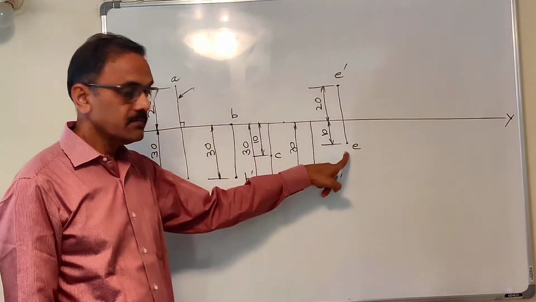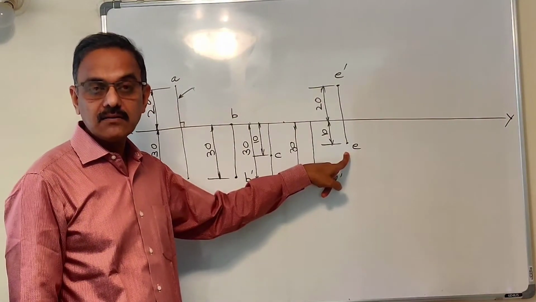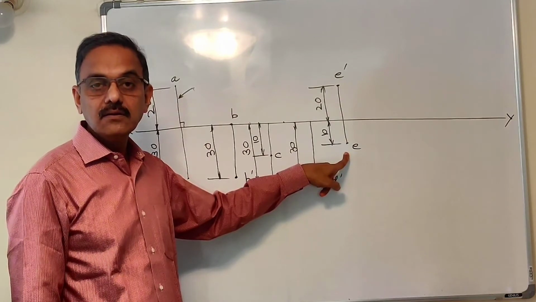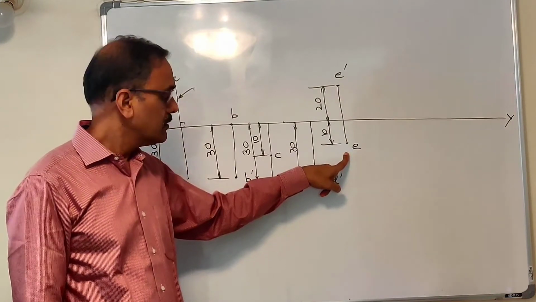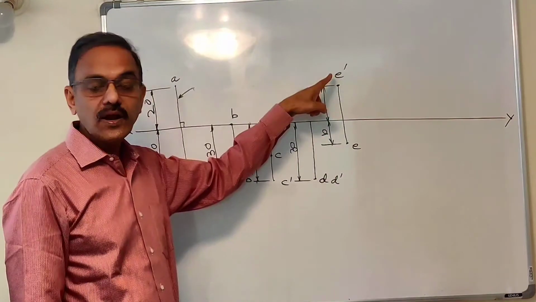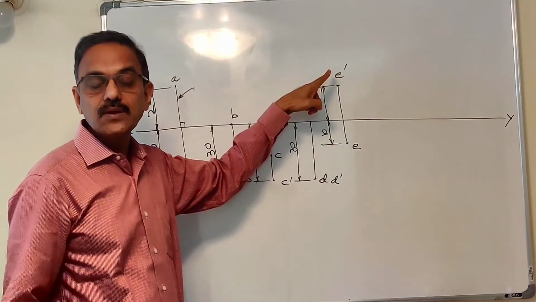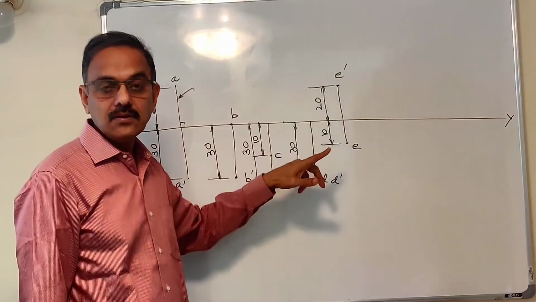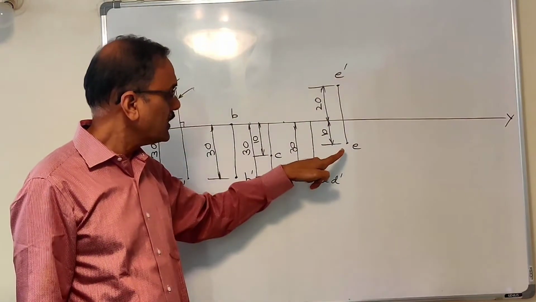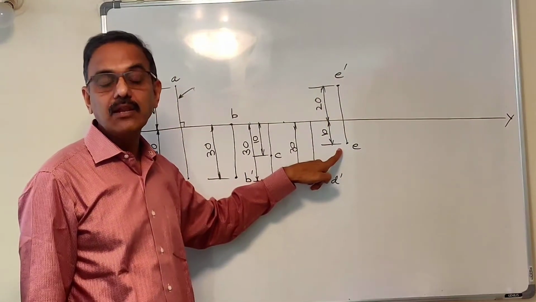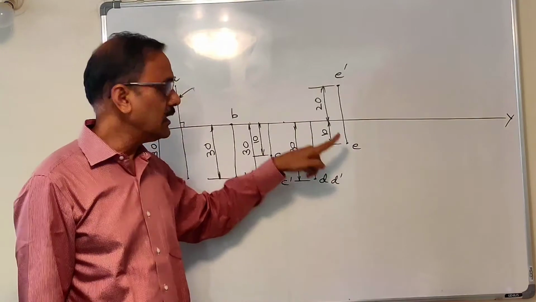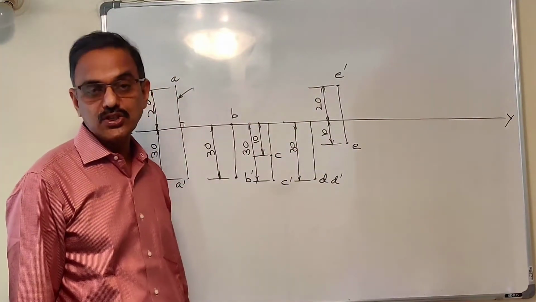This is the top view. You find the top view below XY, so it should be in front of VP. And here you find the front view above XY, so it should be above HP. So my statement is point E, capital E, is 10 mm in front of VP and 20 mm above HP.